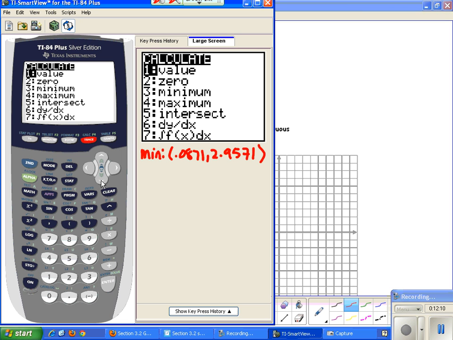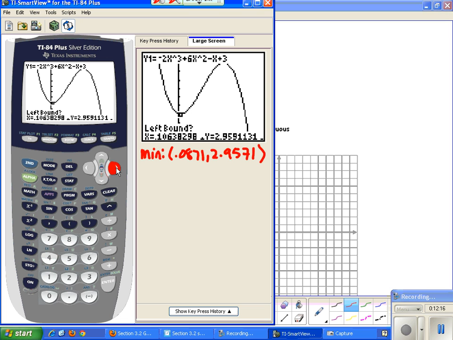So second trace, now I want maximum, which is number 4. Whoops. And I'm going to scroll to where I think my maximum is. Something to the left of your maximum would be somewhere on this side. I'm going to hit enter there, then go somewhere to the right and hit enter and then enter.